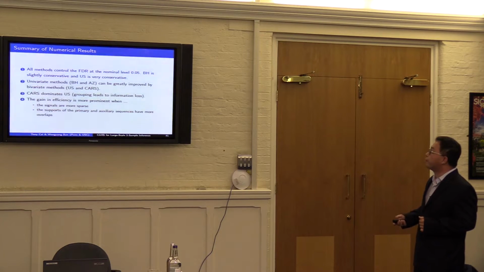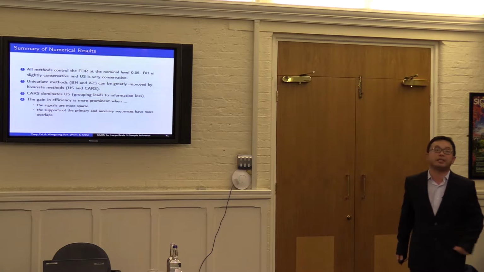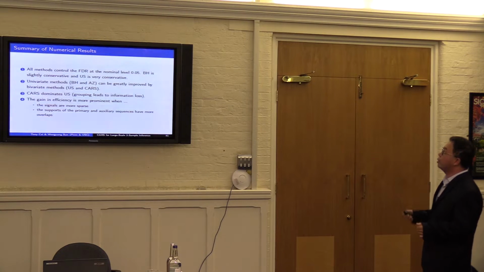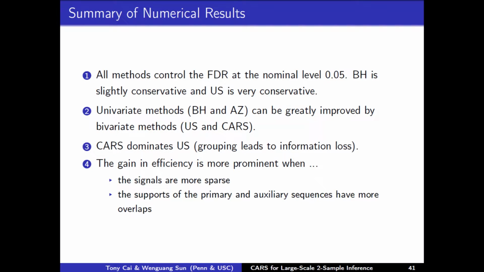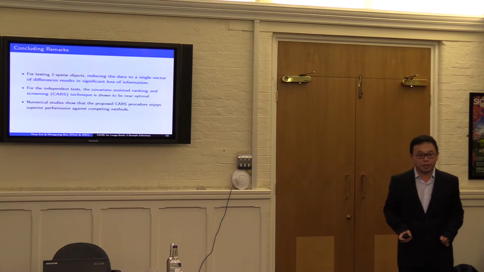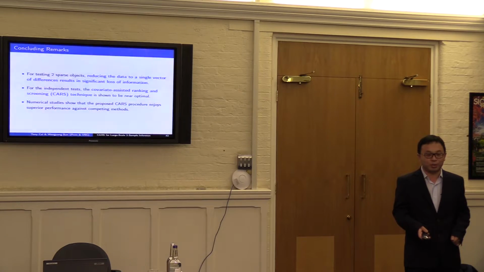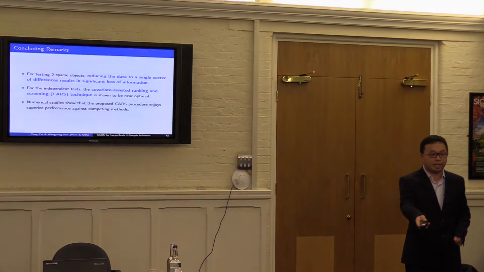These are the two settings we found particularly interesting, and they are consistent with our intuition. When signals are more sparse, and when the supports have more overlap, then we have more efficiency gains. I will turn to Tony to give some concluding remarks and answer possible questions.